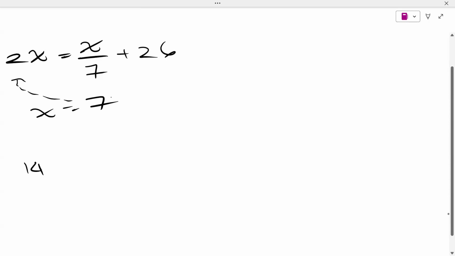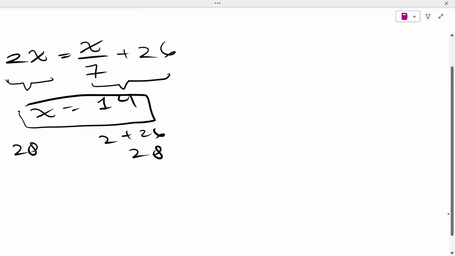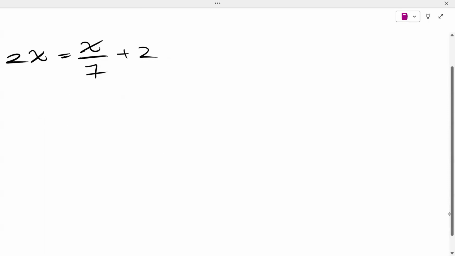We get 14. We plug it into the right-hand side. We get 27. So they're not the same. So 7 is not a solution. And we might also try, say, x equals 14. The left-hand side, you get 2 times 14 is 28. The right-hand side is 2 plus 26, which is also 28. So x equals 14 is the solution. Same goes for differential equations.